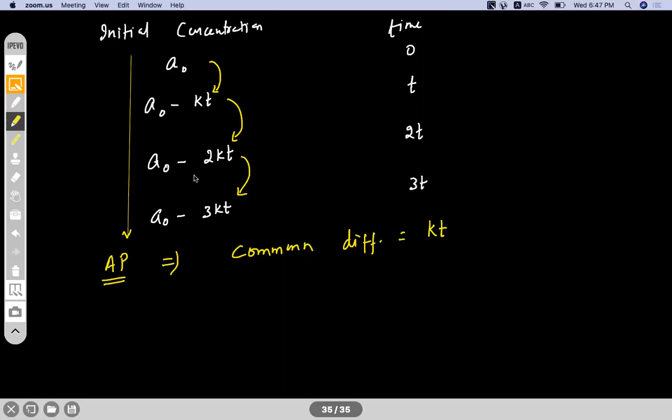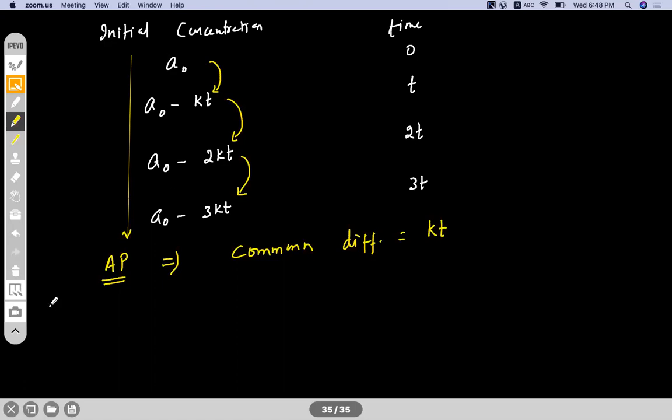So we can say KT amount is getting reacted in this equal time interval. The amount reacting is this only, KT, right? It means in equal time interval, equal amount reacts in zero order reaction, right?